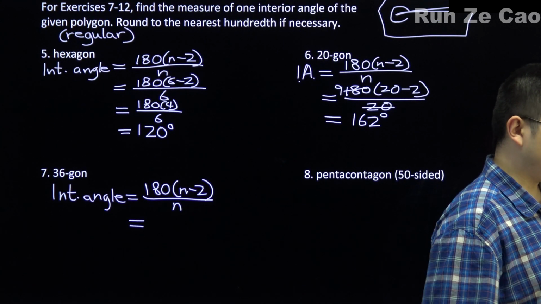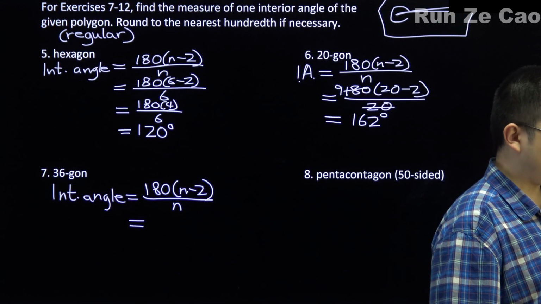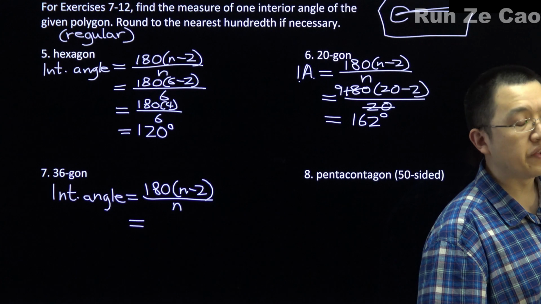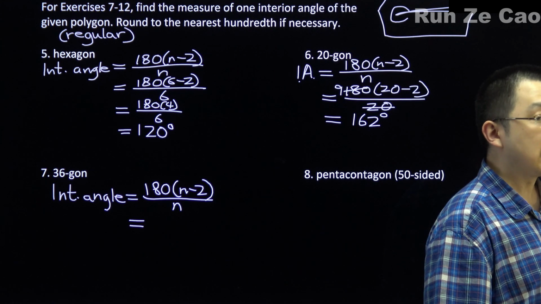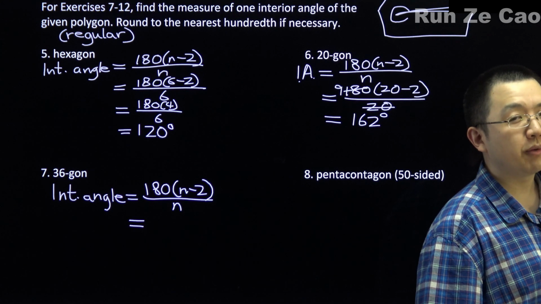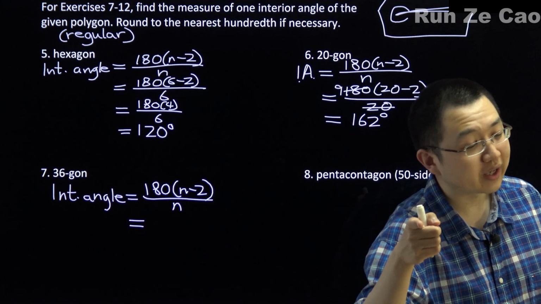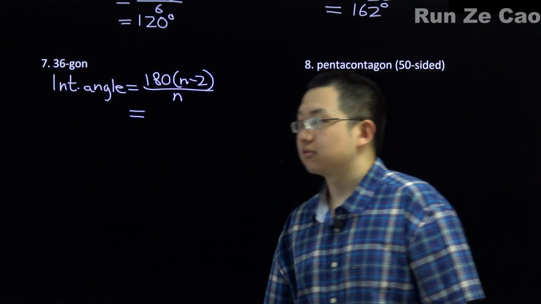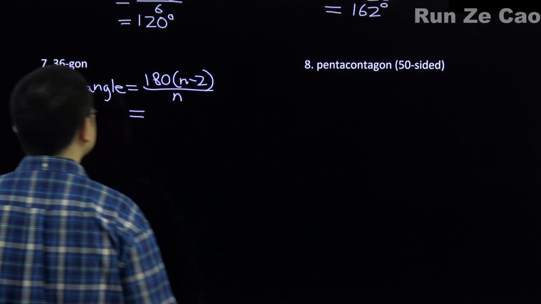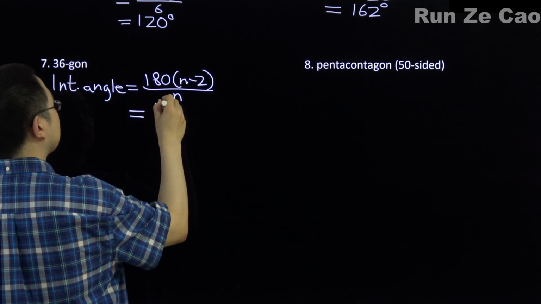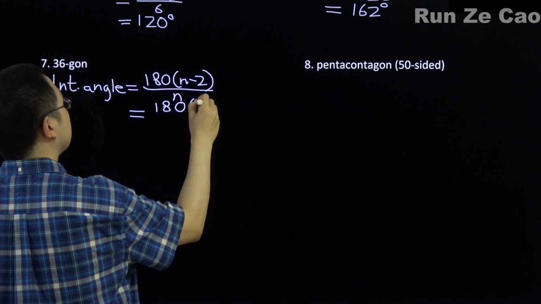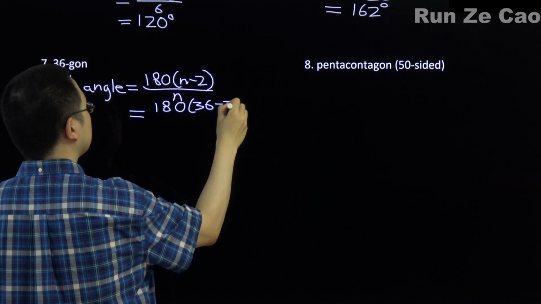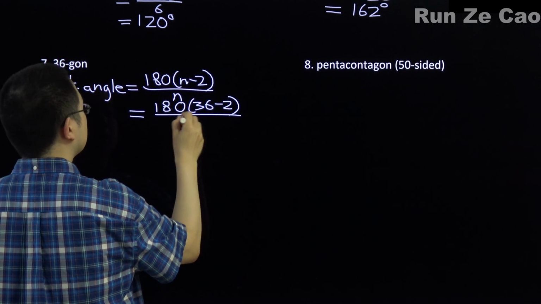So yeah, if it tells you to find the measure of one interior angle of a given polygon, that basically means it has to be a regular polygon unless your teacher is doing a troll question. Like just joking with you guys, which, well, that can be helped. So it's 180 times 36 minus 2 divided by 36.